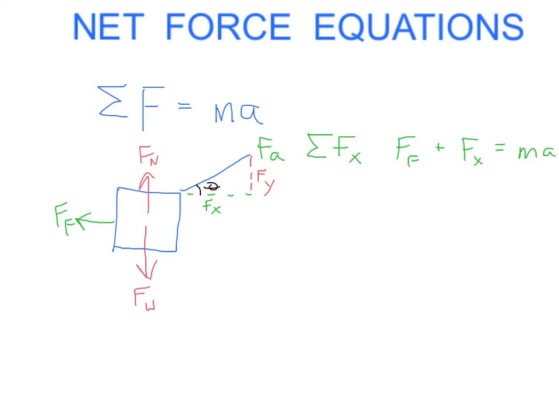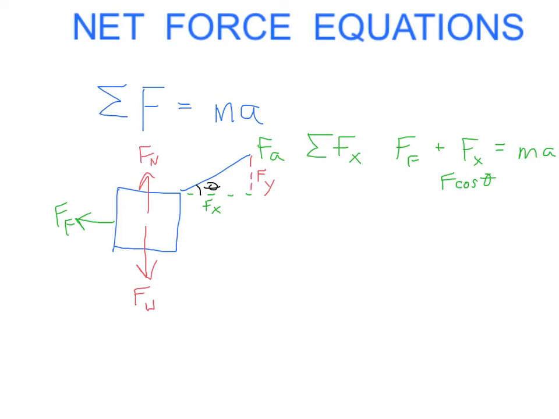Now, in order to put in the value for the force of friction, it's probably given, and it'll probably be a negative number because it's pointing to the left and in the opposite direction of the motion. To get F of x, remember we'll have to do the applied force times the cosine of the angle. Since this is to the right, that'll probably be a positive value.